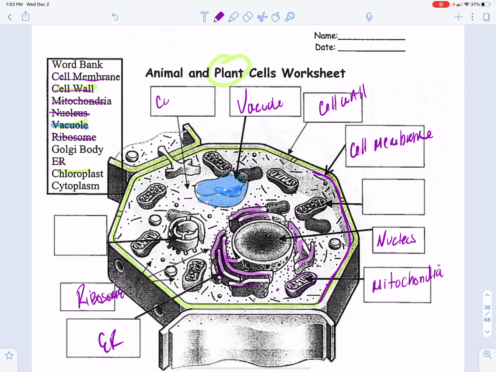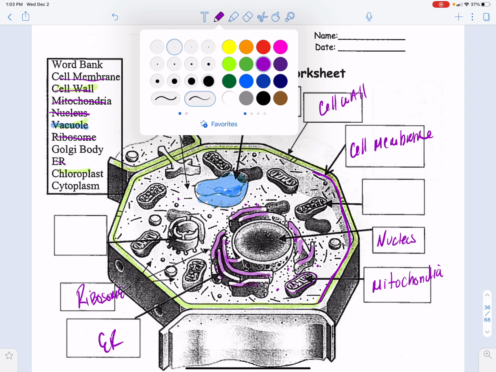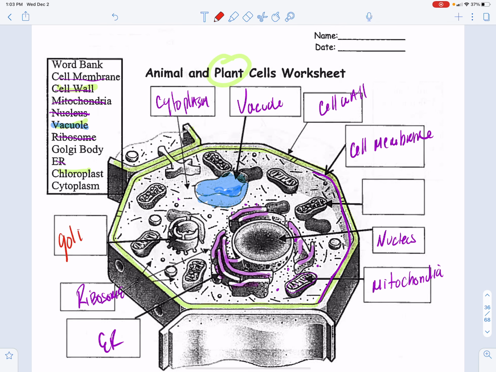Cytoplasm, that's that liquidy background. This guy over here is the Golgi. It's again the post office of the cell. If I could spell Golgi. And then the last part there is the mitochondria.